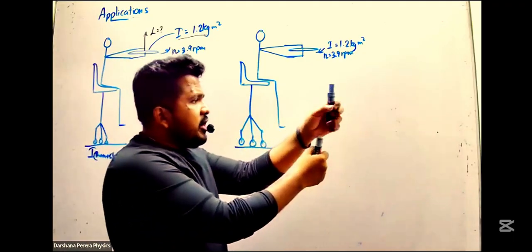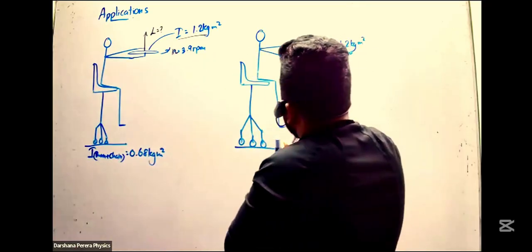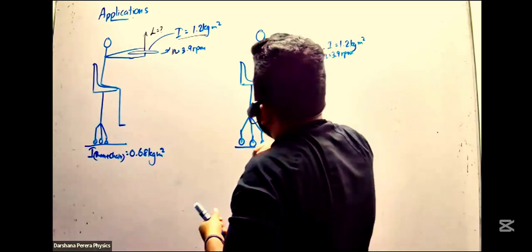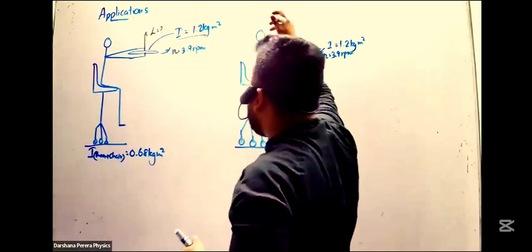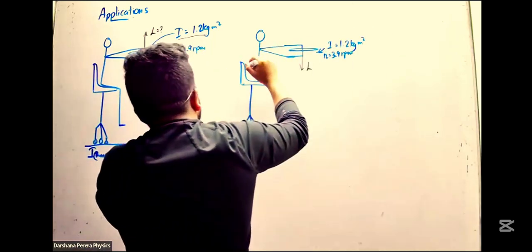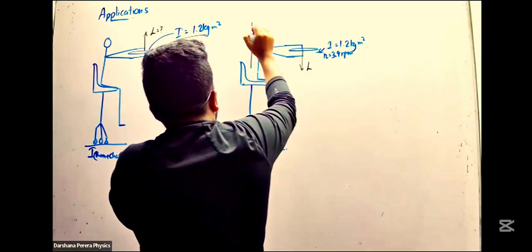When the wheel is rotated to the upward direction, L is in this direction. You have to find the direction of the angular momentum of the chair.